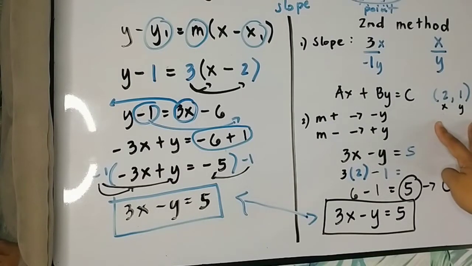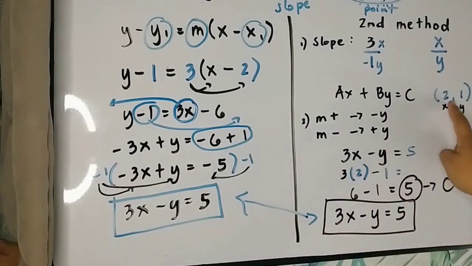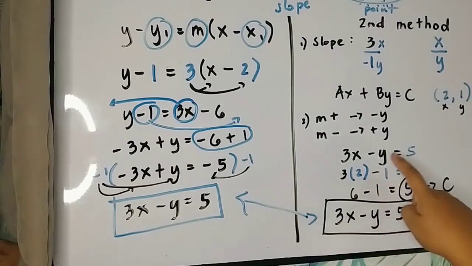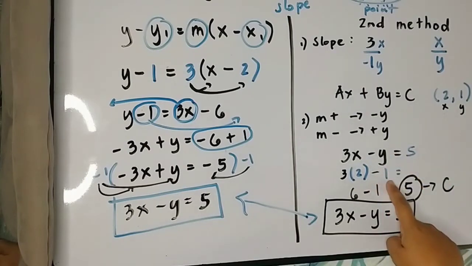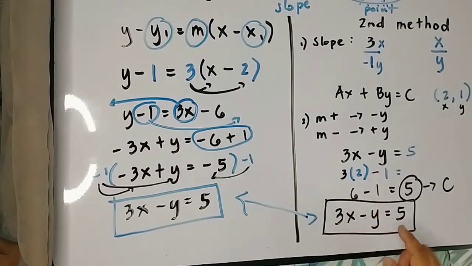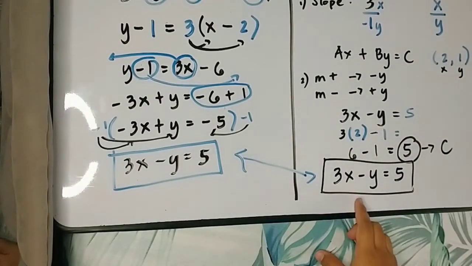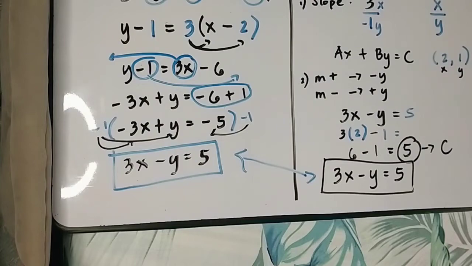Substitute lang natin yun kay x at y. Kaya naging 3 times 2 minus 1. Okay, then operate. So, 3 times 2, that is 6, minus 1 equals 5. Pag nakuha mo na yung answer, ayun na yung magiging c mo. Kaya, it become 3x minus y equals 5.